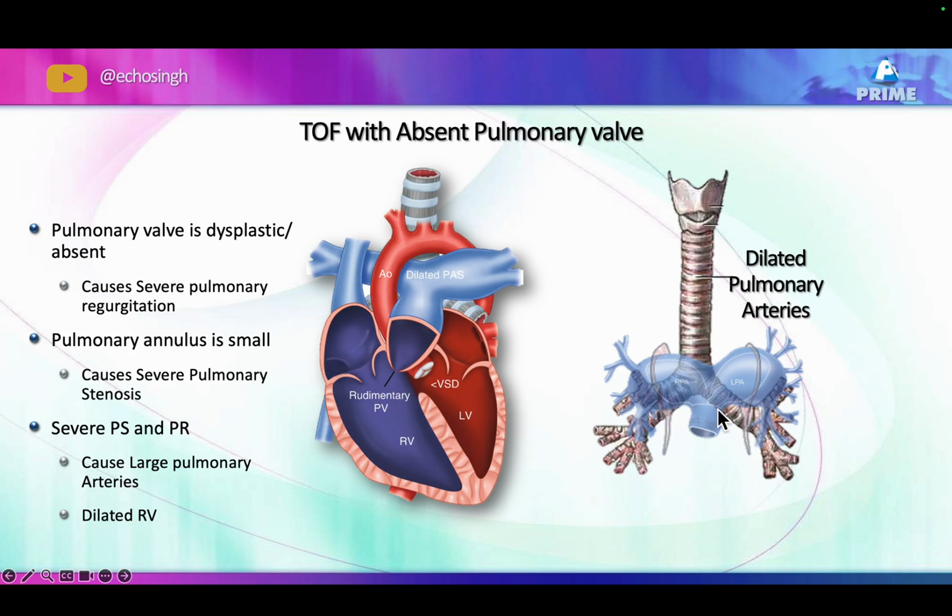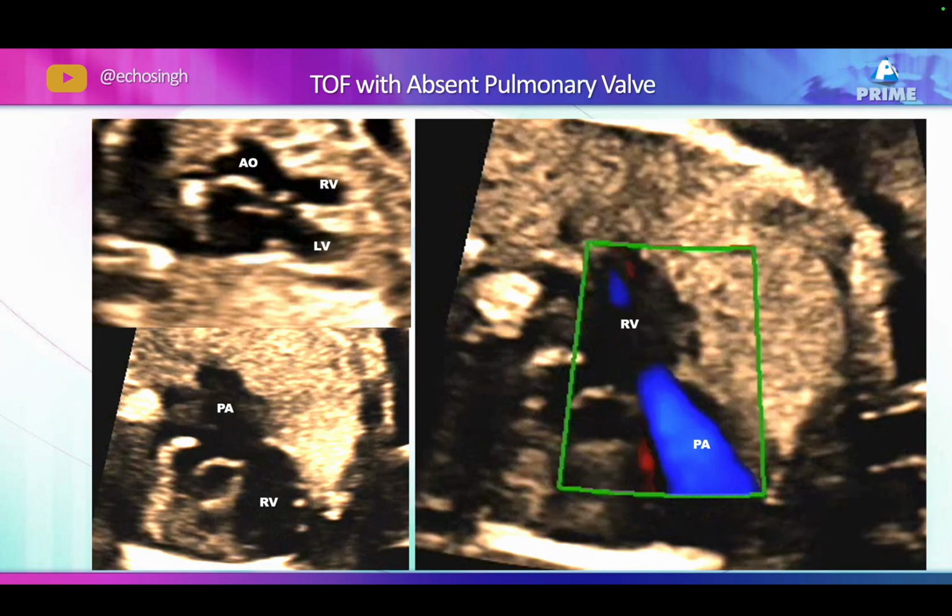It leads to marked dilatation, doubling or tripling the size of the pulmonary arteries, which end up compressing the bronchioles and lead to bronchomalacia, which in the neonatal period can create respiratory problems. So this child also ideally should be delivered in a tertiary care unit.